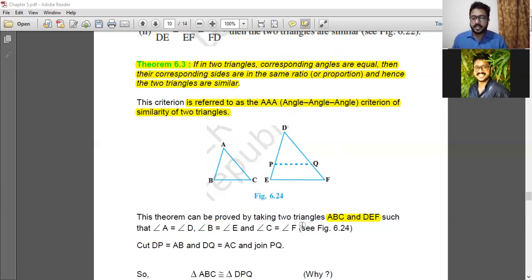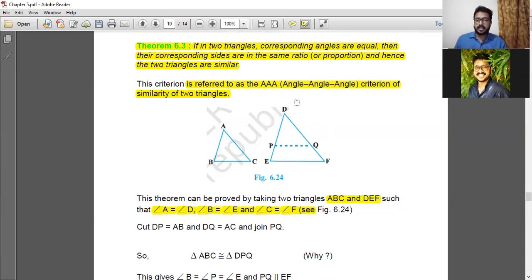So we have taken it. Now what you have to do? Now you have to cut DE as DP equal to AB. That means we have to mark a point P on the side DE in such a way that the length DP should be equal to the length AB.